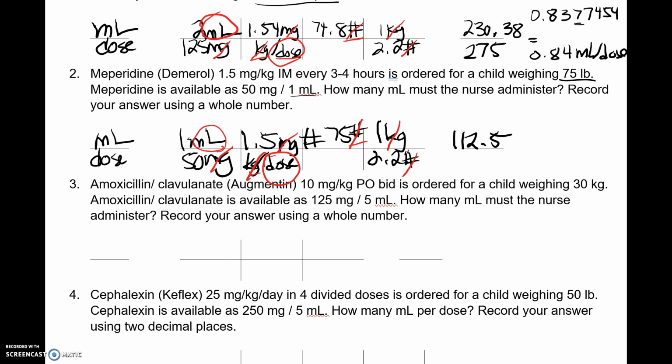And 50 times 2.2 is 110. If we have 112.5 divided by 110, we have 1.0227272. We'll round to the whole number. We have 1 ml per dose.